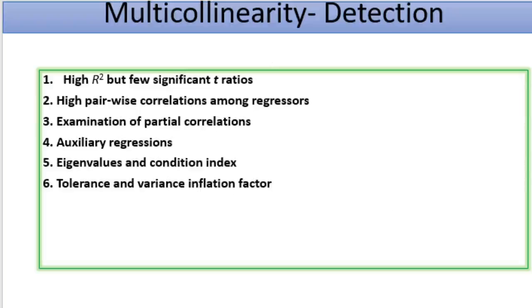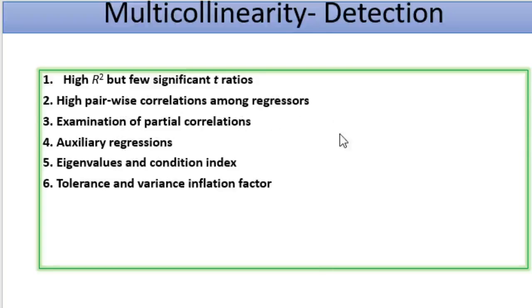If the estimated results have a high R square value and the estimated parameters are insignificant, then there is multicollinearity. We can examine the pairwise correlation among the regressors, and if the pairwise correlation is very high, then there is multicollinearity. Similarly, we can compute the partial correlation, and if it is high, there is multicollinearity.